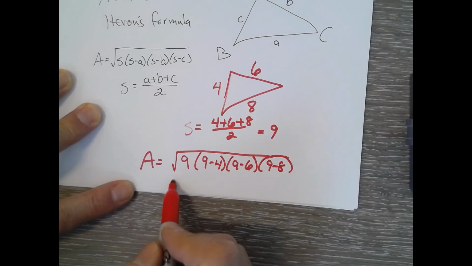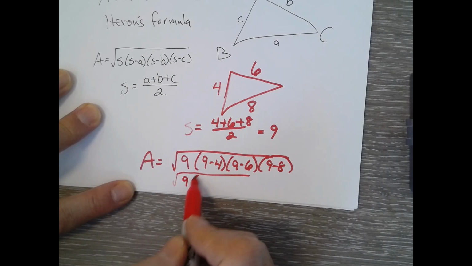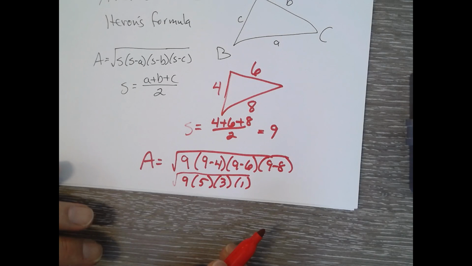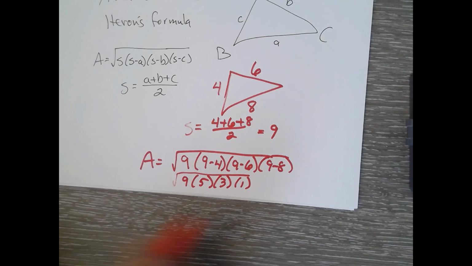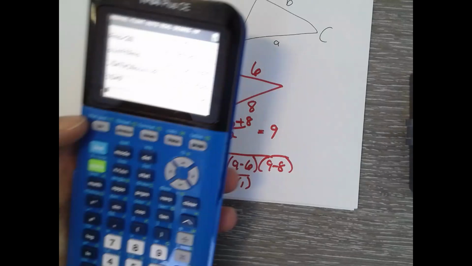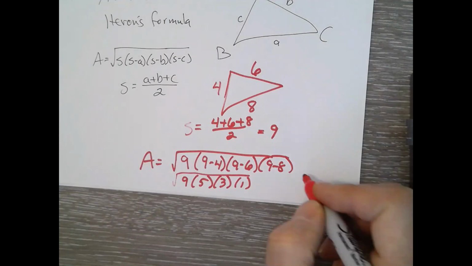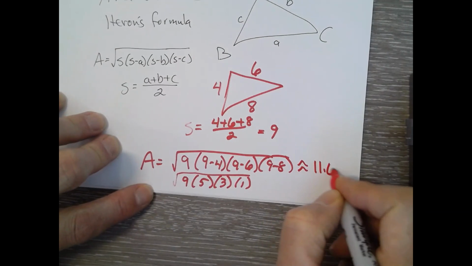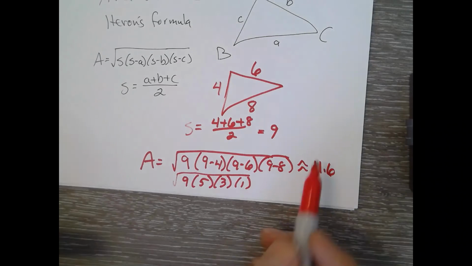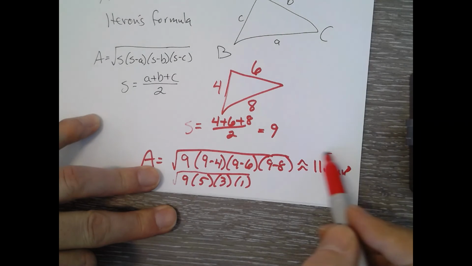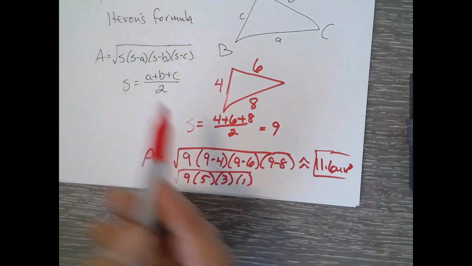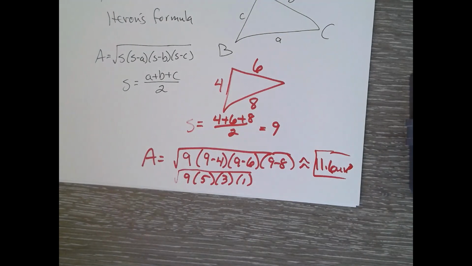So it's the square root of 9 times 5 times 3 times 1. So 15 times 9, the square root of 135, and we get 11.6. Okay, so that's how you find the area of a triangle with three sides. Find S, and then just remember the formula.